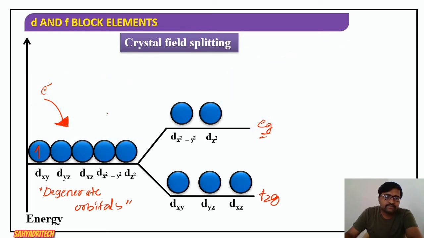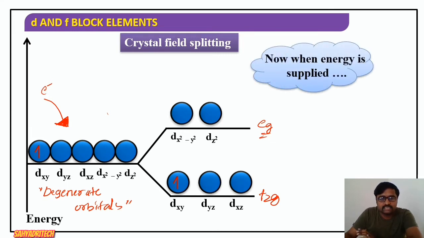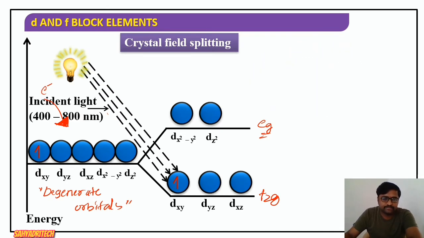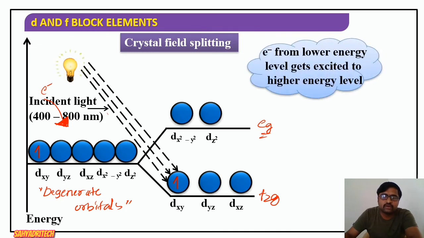Now here, say we have an electron in the T2g level, that is the lower energy level. Now in this situation, whenever light radiations fall on an object, on those d orbitals, what happens? That electron is going to take up the energy, and where will it go? It will go to a higher energy level.